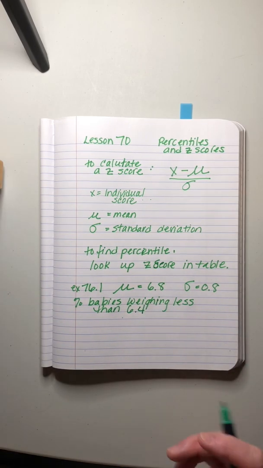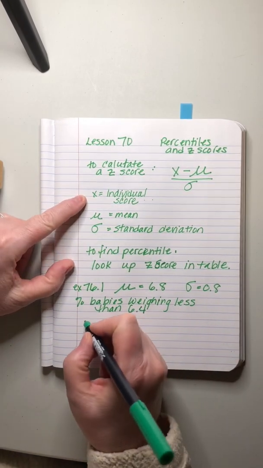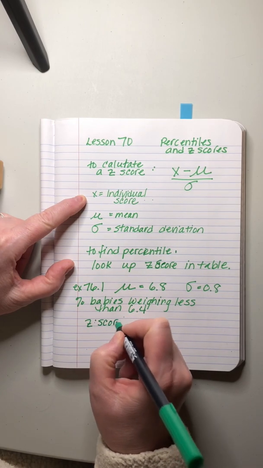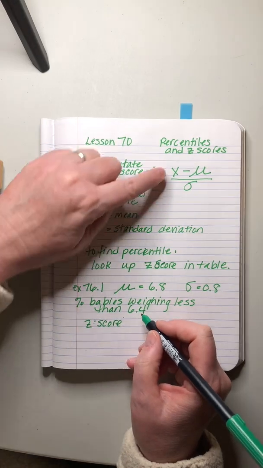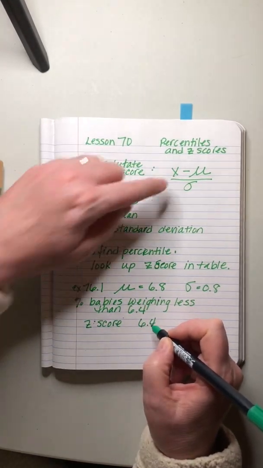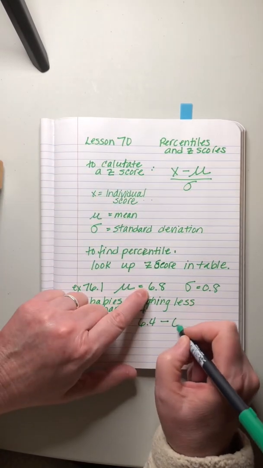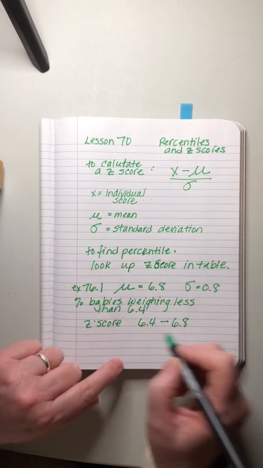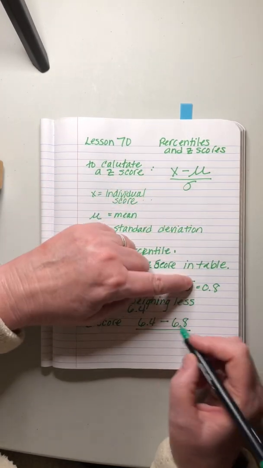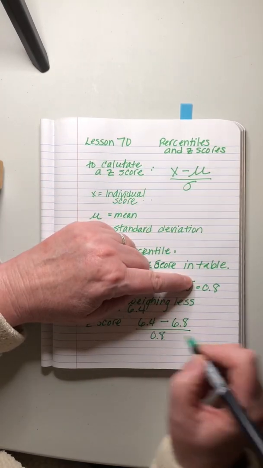So the first thing we do is we calculate the z-score of 6.4 pounds. So we take the number that we're interested in, 6.4, the individual score. We subtract the mean, which is 6.8, and then we divide that by the standard deviation, which is 0.8.